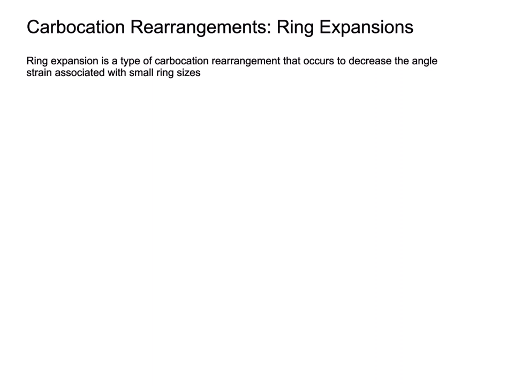The other reason I'm covering them last is because some organic chemistry courses in undergrad don't actually teach ring expansions, so if you're not expected to know what a ring expansion is, feel free to skip this part in the video.